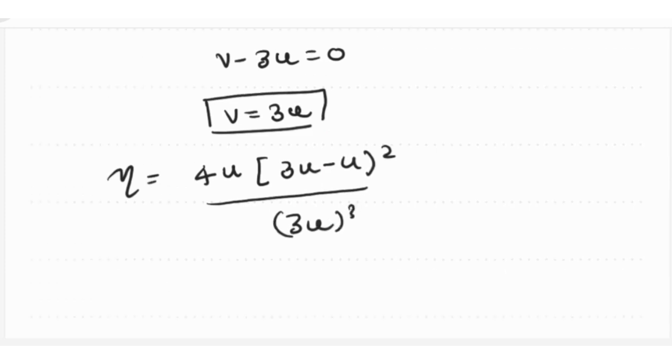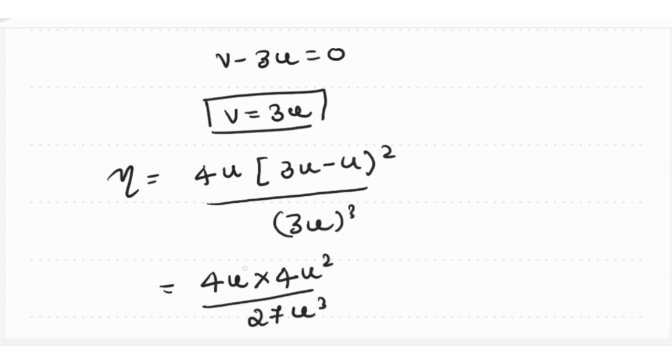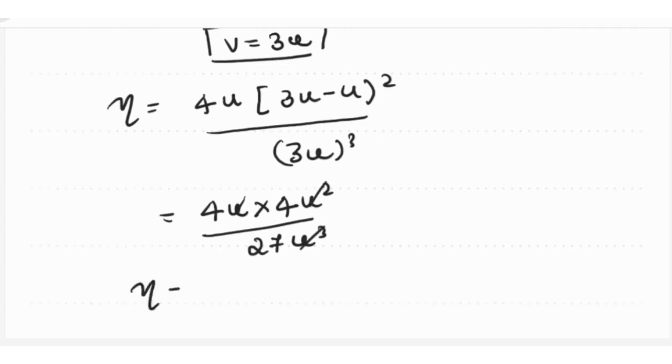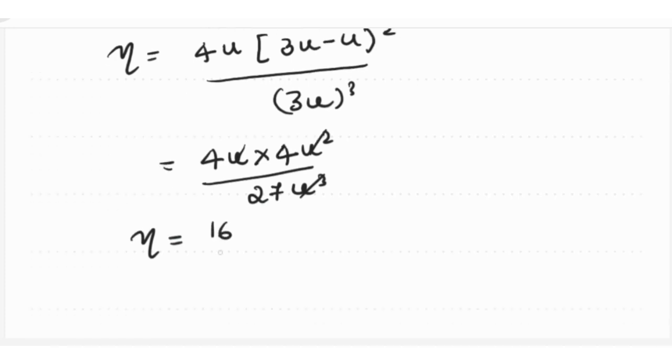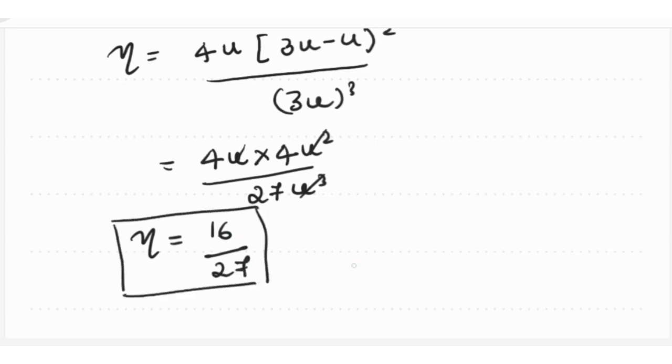So if I solve here, we will get 4u, 3u minus u is 2u, 2u square is 4u square, so 3u cube is 27 u cube, this gets cancelled, so efficiency will be equal to 4 into 4 is 16, 16 divided by 27 will be the answer we will be getting. So this is the solution for the first question, that is 57.